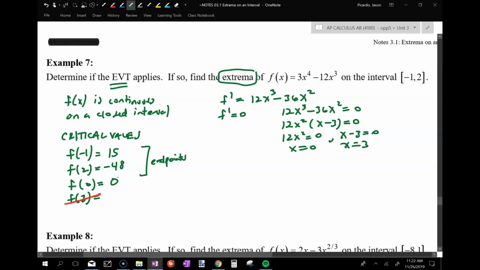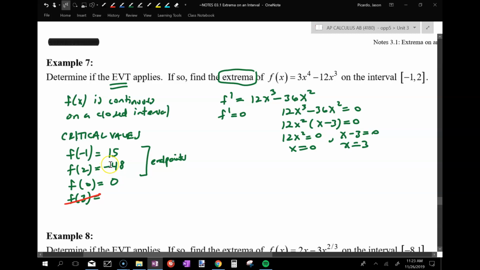0. So guys, without even looking at the graph of this, what do we know? We know that this is a what? Well, it's a critical value, but which critical value is it? The negative 48. What is it? It's an endpoint. It's also an extrema.